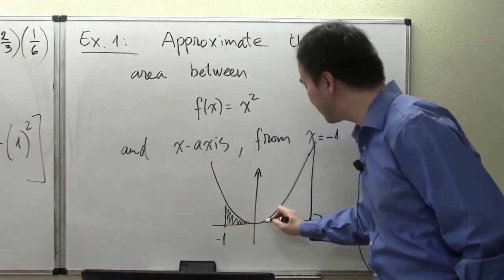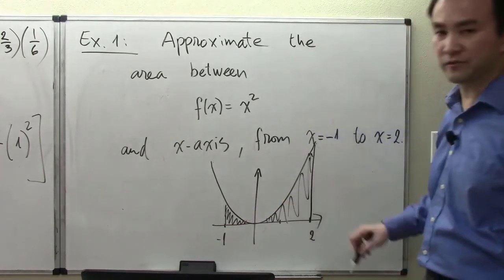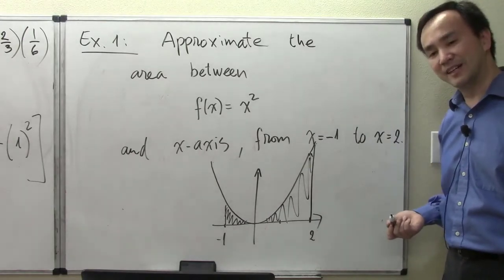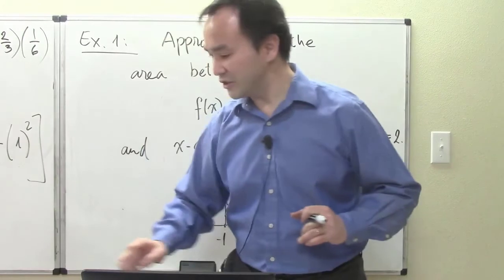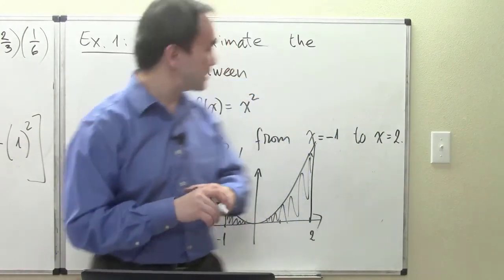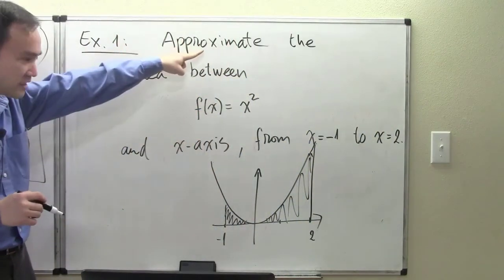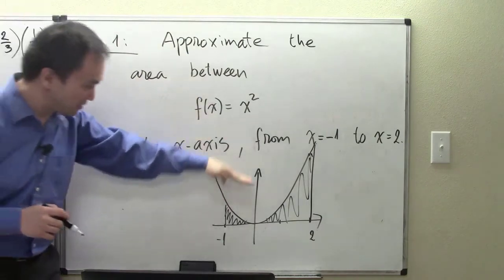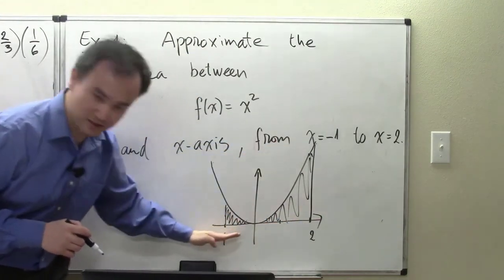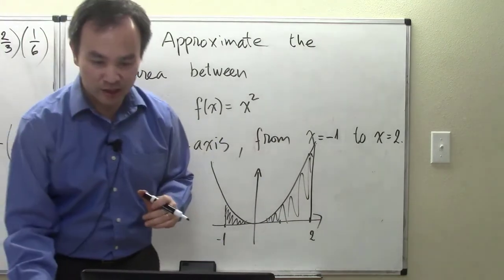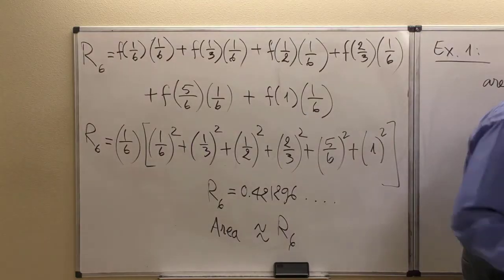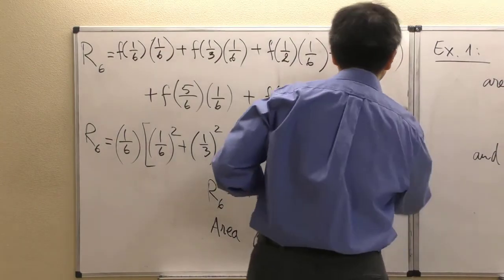Cumulatively, this is our area, that's what we're trying to find, that's the part I'm shading. My wording here clearly states to approximate that area between the curve and the x-axis from -1 to 2. But that's just the description of the problem. Now let me swing over to the other board.